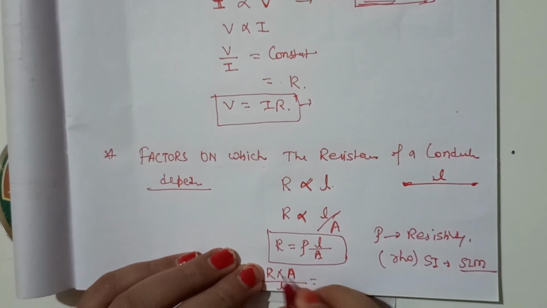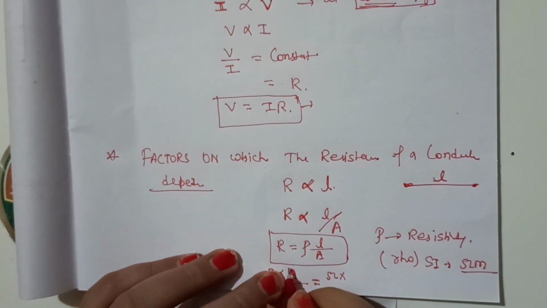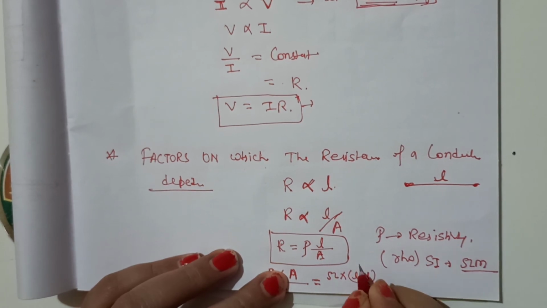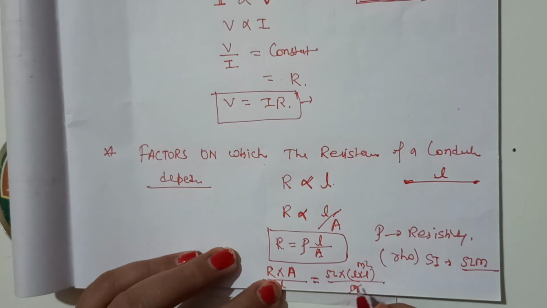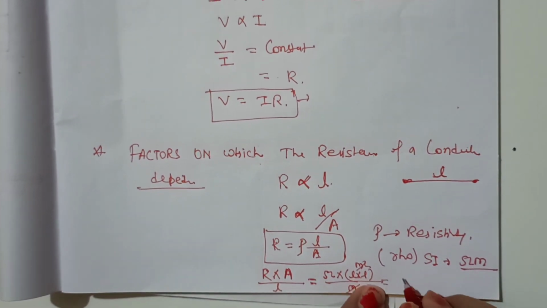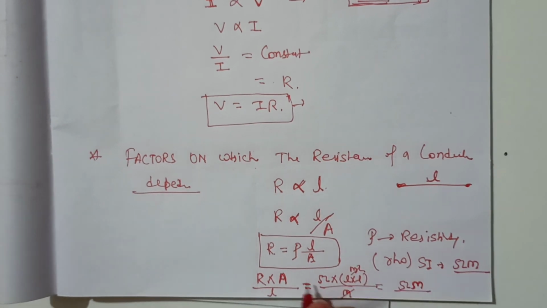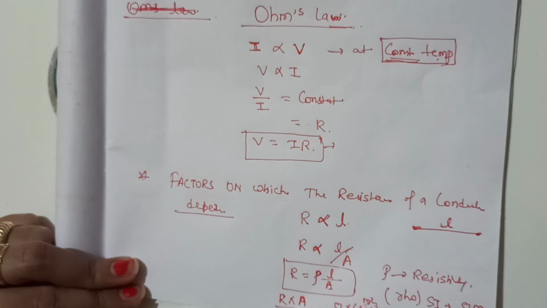The unit of resistance is ohm, area is length into length, that is meter square, and below again length, that is meter. So 1 meter will remove, leaving ohm meter. So this is proved.